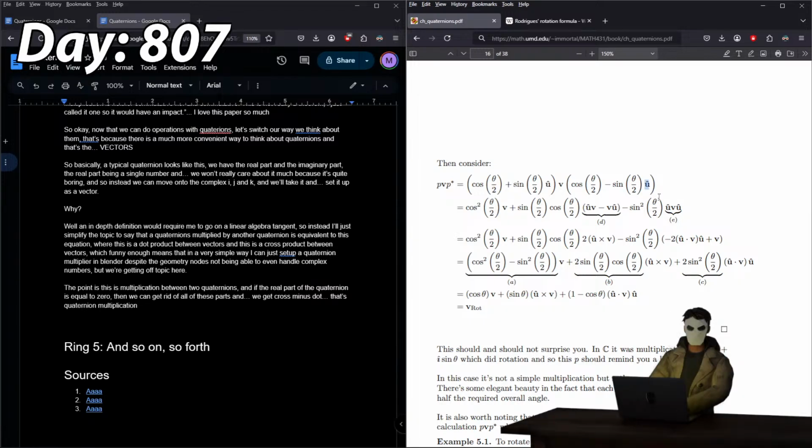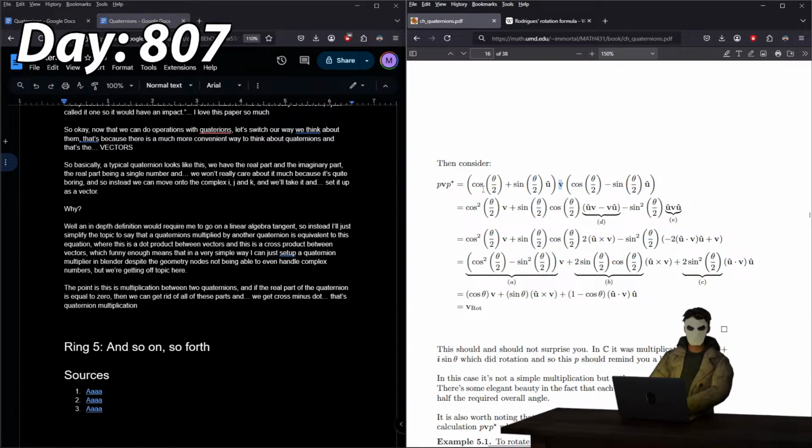Which means that what we need is cosine V cosine here, then cosine V sine theta u, this, sine theta, and then uV, but with another u. Oh, no wait, that's a different thing. Is it? I don't know.